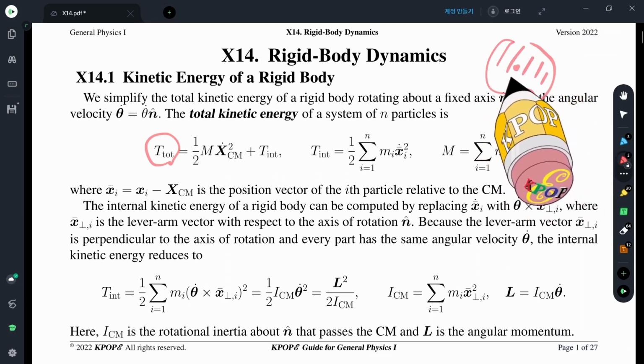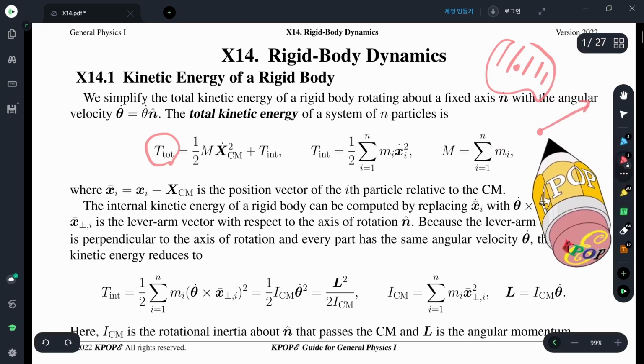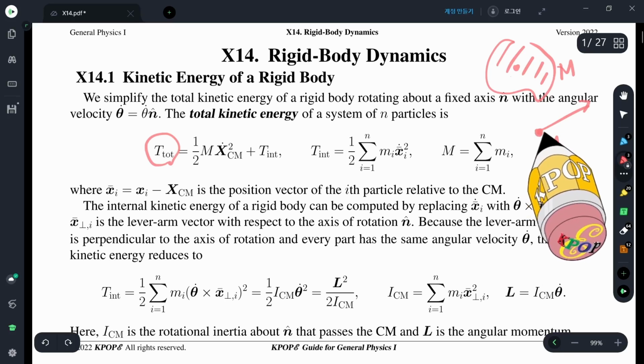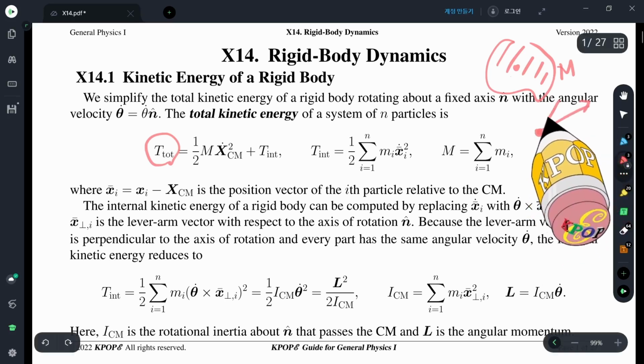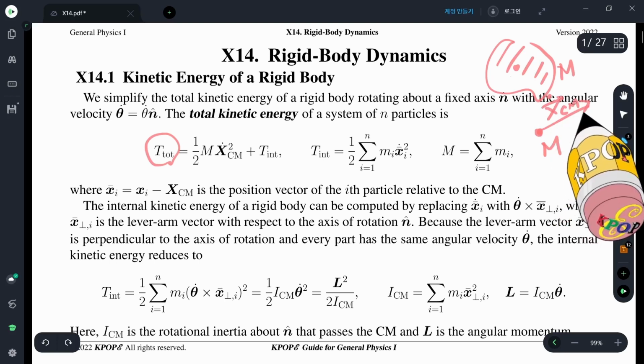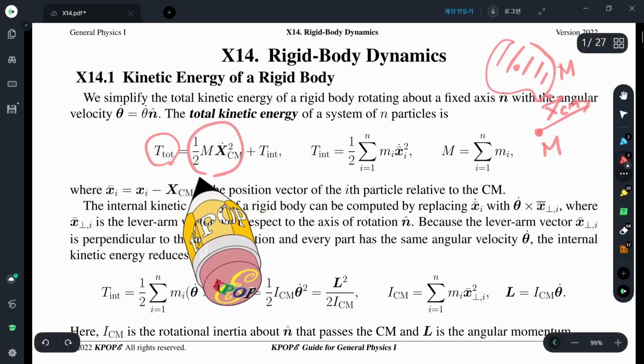This is a rigid body. One contribution is the total mass m concentrated at the center of mass, moving with the velocity of the center of mass. So that is the translational kinetic energy of the system.